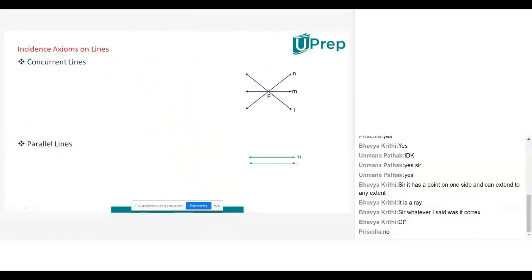We've seen concurrent lines. Now we're going to see something very interesting called parallel lines. If I say parallel, it is something that is very simple for you to understand. Sir, can I tell? Yeah, tell me. Sir, parallel lines are lines which do not. So 1 minute. Yes, sir.